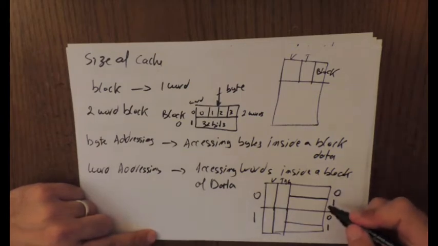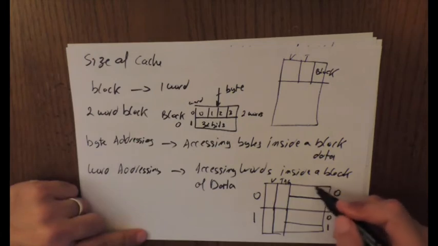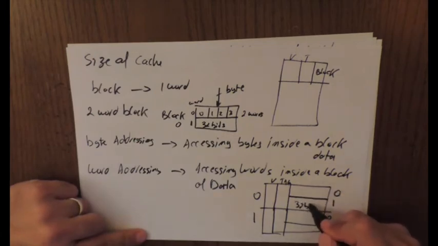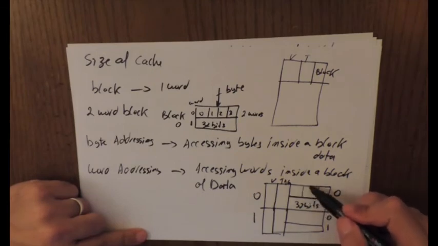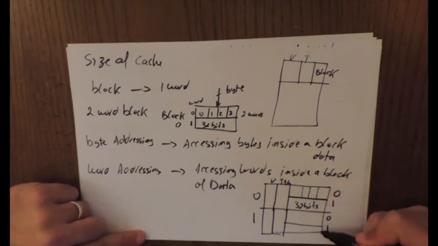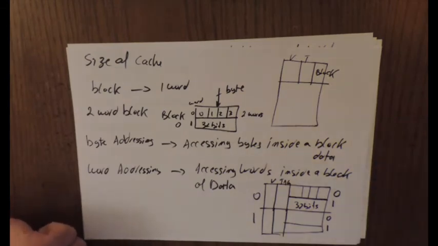Of course, with word addressing, I can only access those 32 bits. However, with byte addressing, I can access individual bytes in each word, in each block. So typically, when we want to calculate the size of the cache, we need to address all of these values.